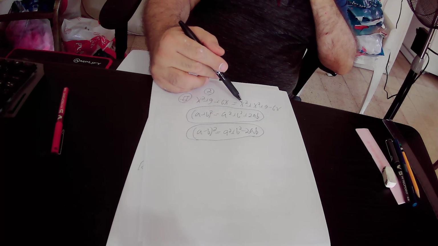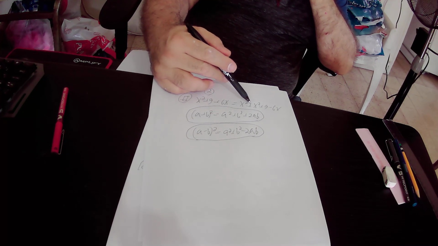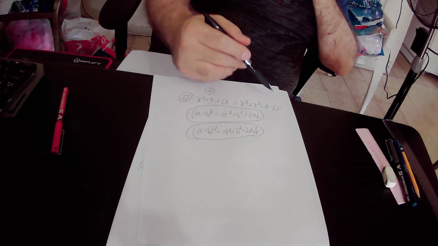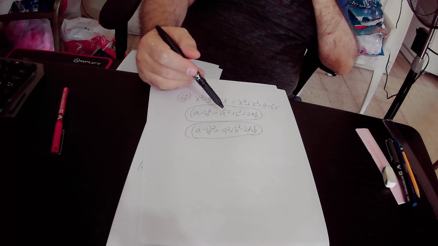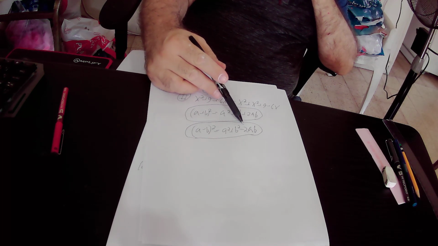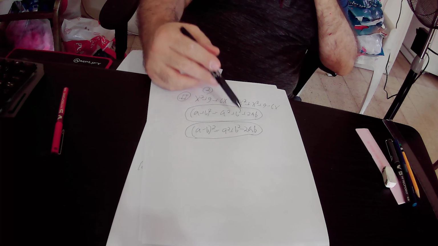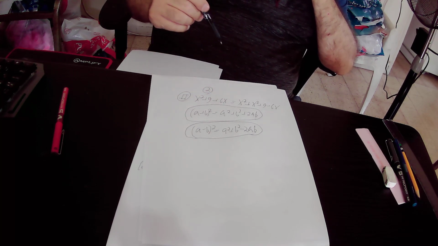So a square is x square, b square is 3 square, so it is 9, and 2ab is minus 2 times x times 3, which is minus 6x.